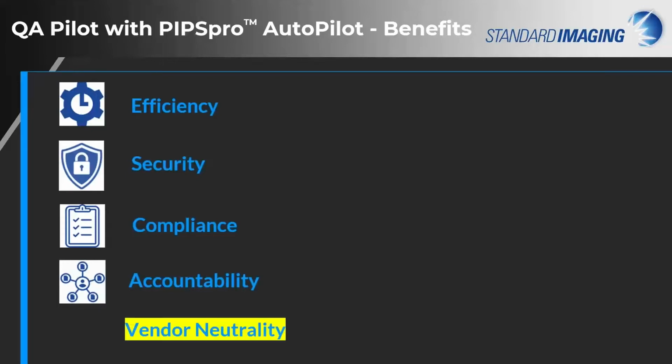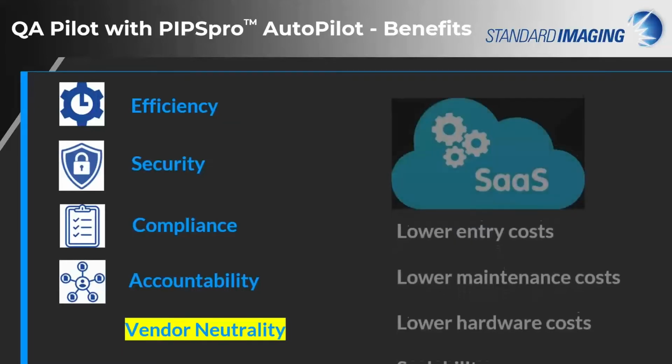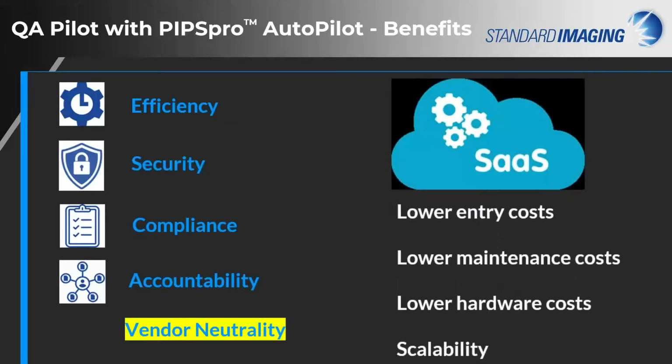It is a truly vendor-neutral solution, which is also a great benefit to users, as it means that they do not need to replace their current QA devices in order to use this powerful QA management software. And note that vendor neutrality for QA Pilot with Pips Pro Autopilot extends to more than just Linux manufacturers, but also to QA device manufacturers as well.